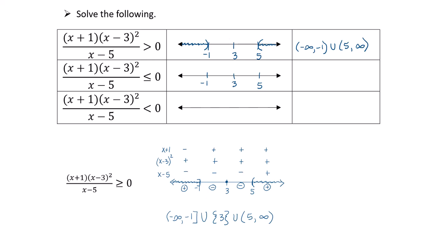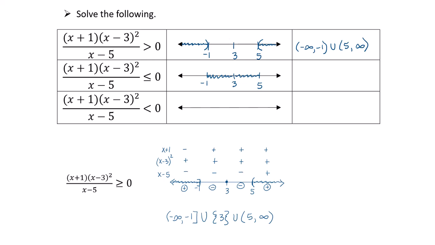But we're going to go ahead and include negative 1 and 3. And again, we want less than this time. Well, we know this interval tested out to be positive, so we're going to want these two intervals instead, between negative 1 and 3 and between 3 and 5.